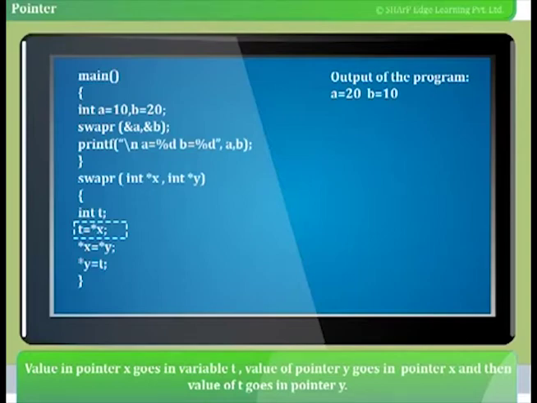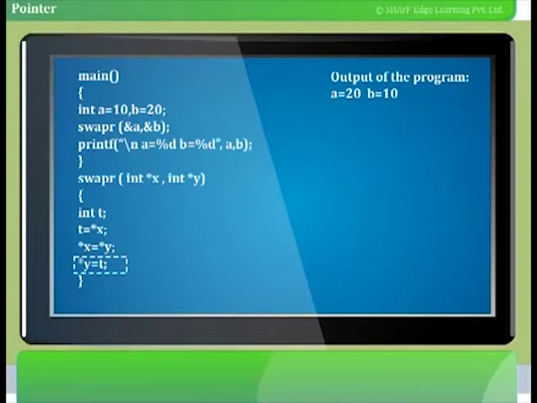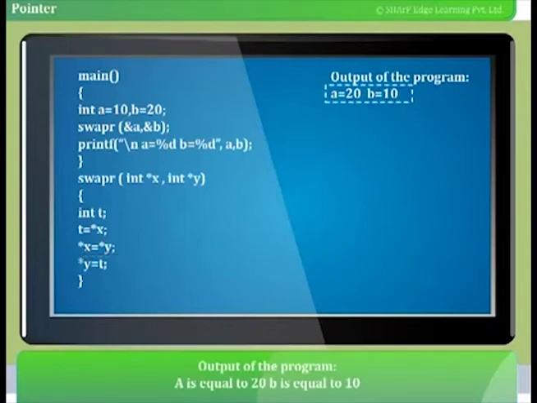The value of pointer y goes in pointer x, and then the value of t goes in pointer y. The changed values of a and b are displayed through the printf statement. Output of the program: a = 20, b = 10.